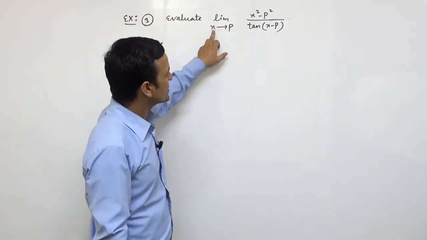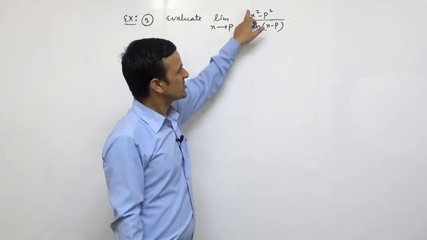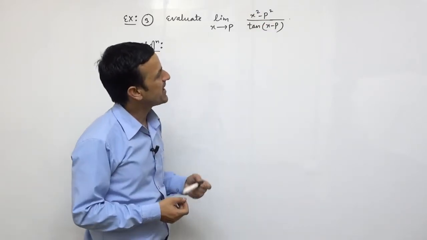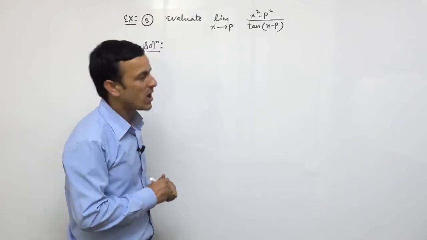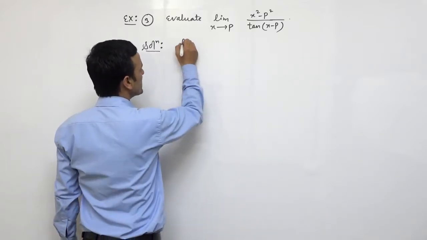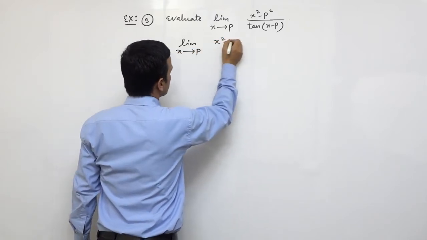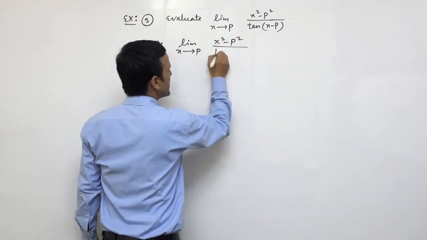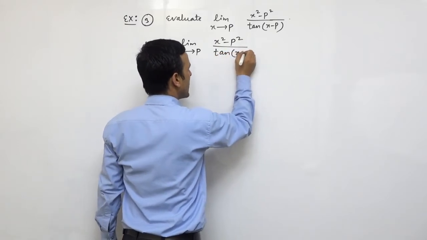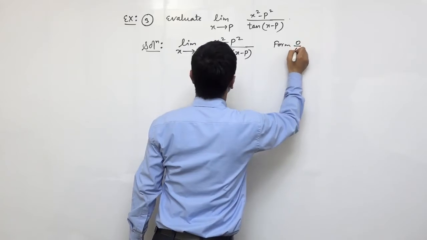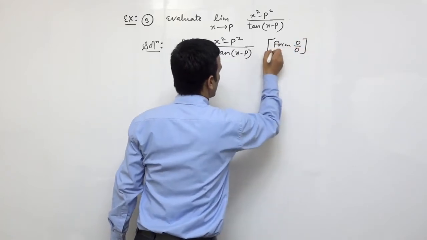Now, limit x tends to p, x square minus p square divided by tan x minus p. How do we solve this question? Look once. Let's write the question: limit of x square minus p square divided by tan x minus p. This is the form of 0 by 0.